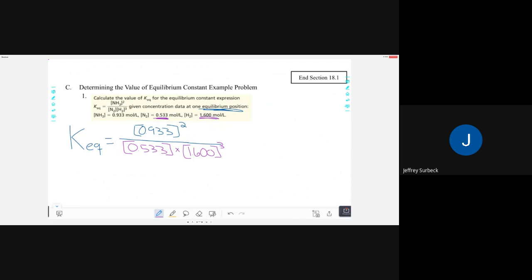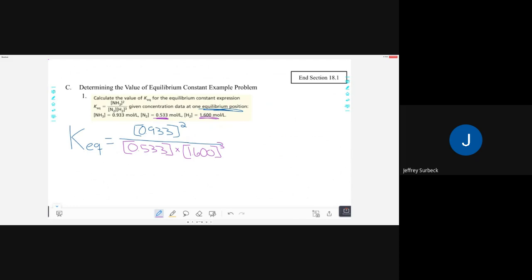So I take 0.933 and square it, and I get 0.87, decimal keeps going. I divide that number by parenthesis 0.533 times parenthesis 1.600, caret symbol, to the third power, close the parenthesis, close it again because we started with one, and I end up with 0.399.